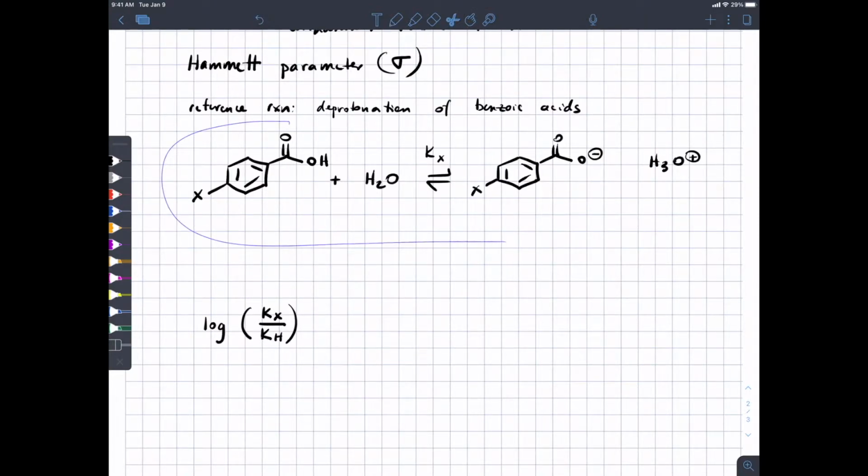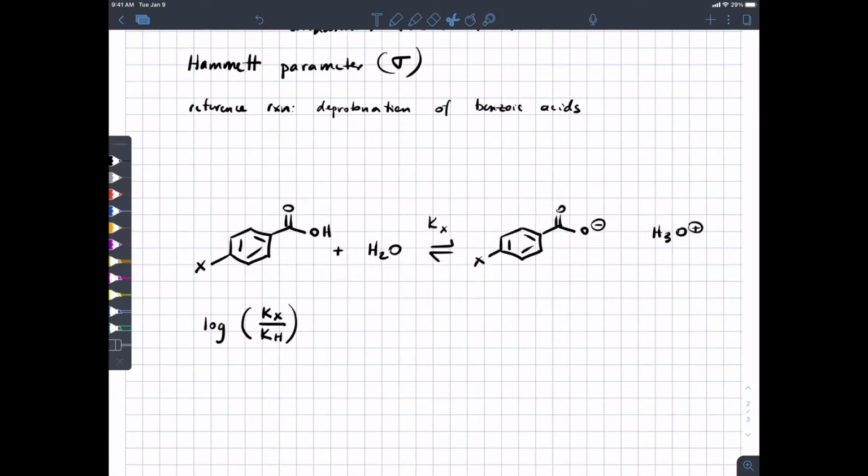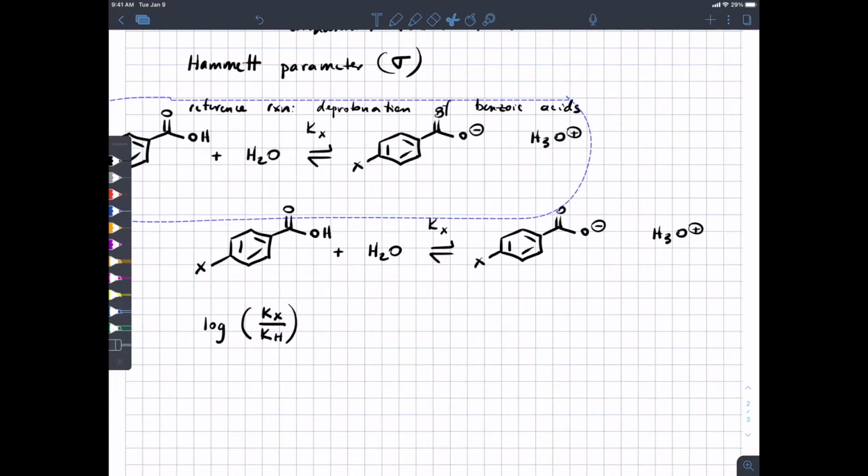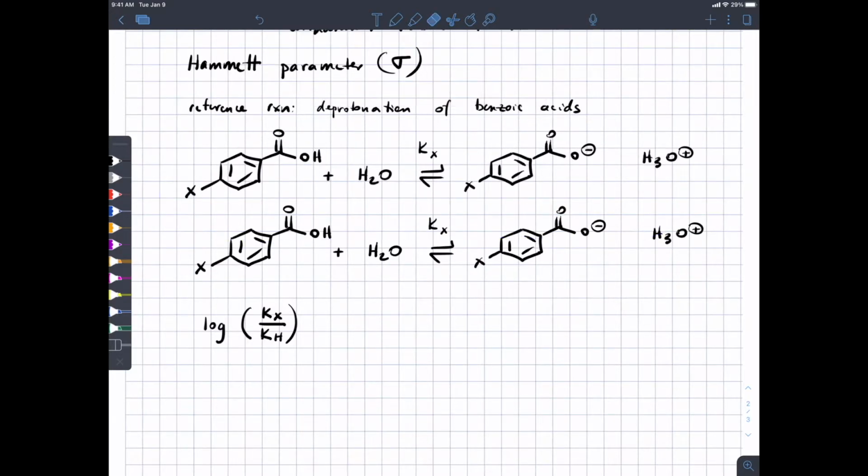One where X is some substituent, and another where it's just a proton, just regular benzoic acid. All right, so let's make some predictions based on what you know. And for any given substituent, this ratio between the equilibrium constants and then taking the log is the Hammett parameter sigma of that particular substituent.